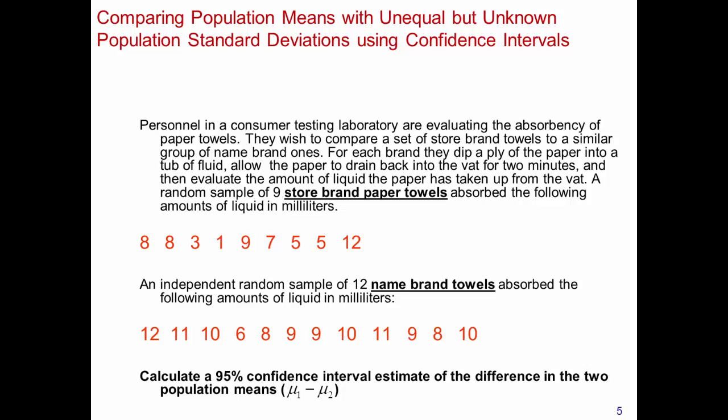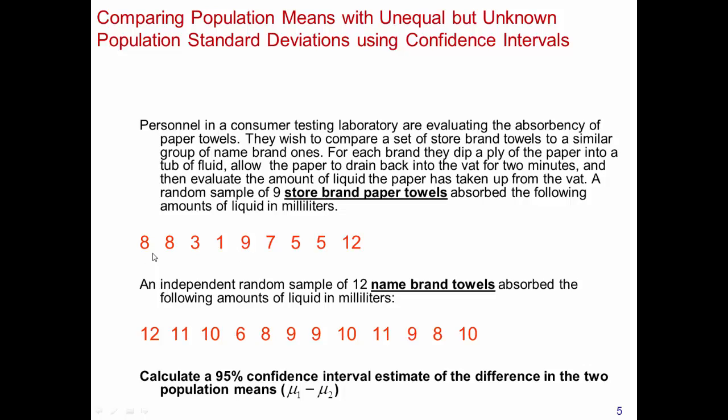For each brand, they dip a ply of the paper into a tub of fluid, allow the paper to drain back into the vat for 2 minutes, and then evaluate the amount of liquid the paper has taken up from the vat. A random sample of 9 store brand paper towels absorb the following amount of liquid in milliliters, and that's this group of numbers here.